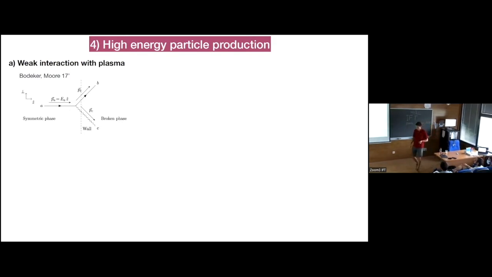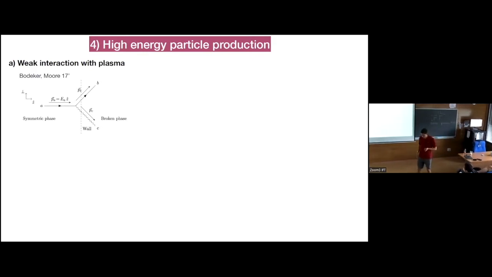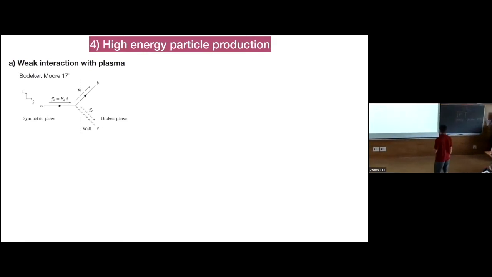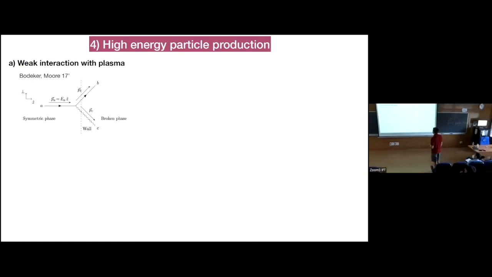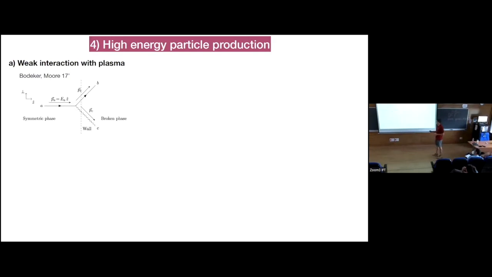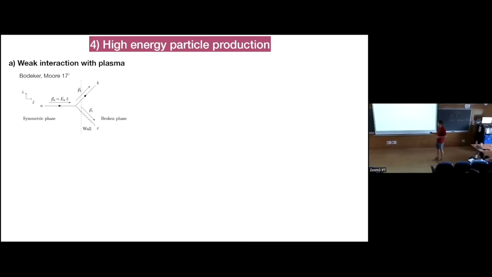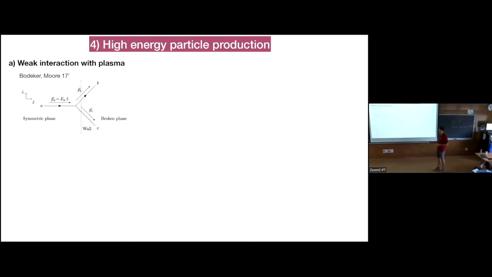So what are the implications of those fast, very relativistic bubble walls? High energy particle production. Why? Because of this Bremsstrahlung radiation, particles enter the wall and radiate Bremsstrahlung. But what we found is that the emission is preferentially soft, which means that it is produced at rest in the bubble wall frame.